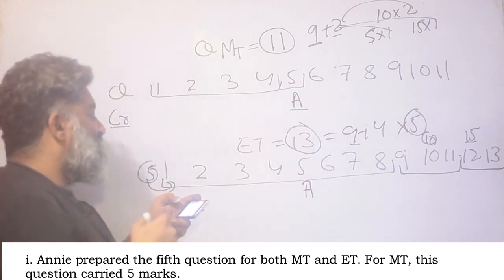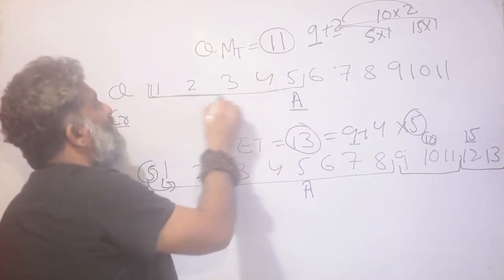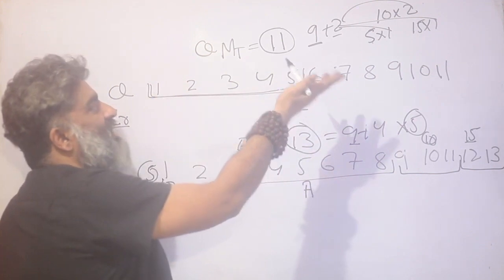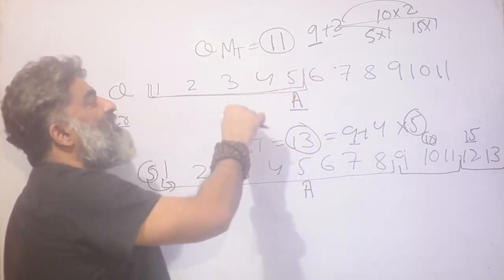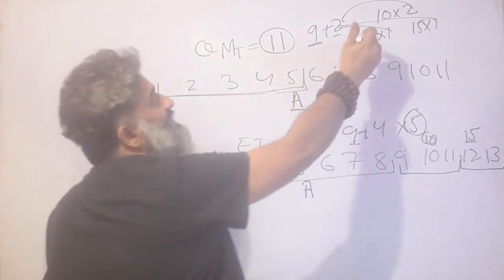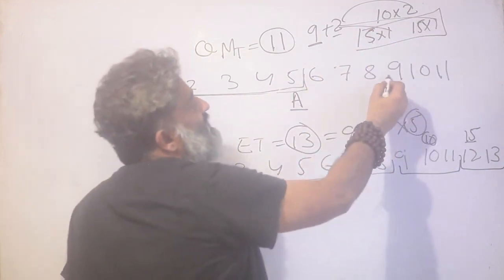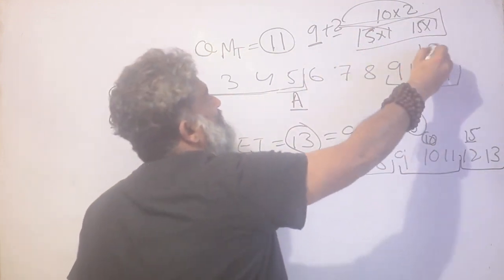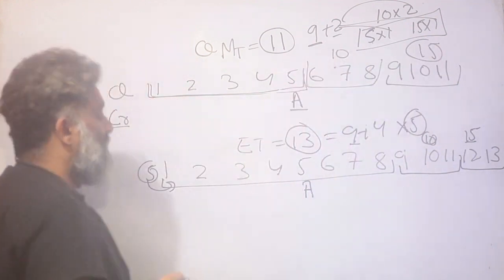For MT, this question carried 5 marks. So great, you know that there are overall 5 questions, because you could have had 4 questions or 5 questions with this configuration. Now you definitely know that you have 5 questions of 5 marks each. That means you're working with this story. That means you have 3 questions of 15 marks each, and then the remaining 3 are 10 marks each.